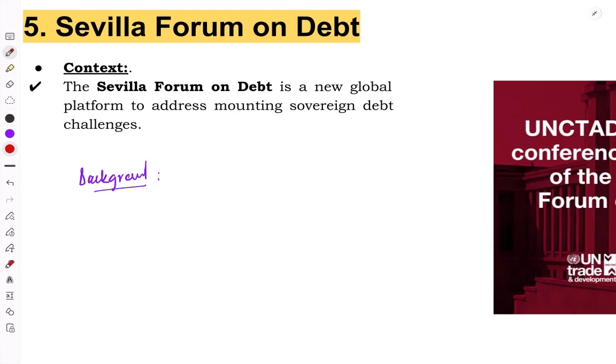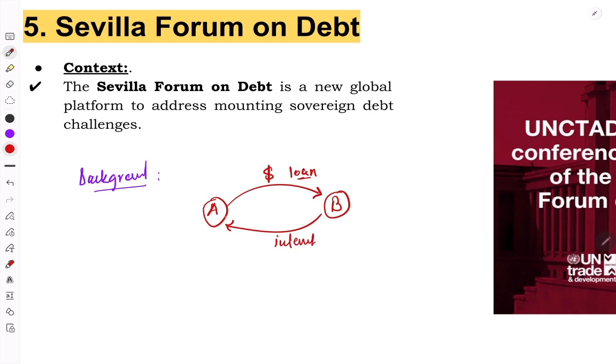So there is country A and country B. Country A has given country B a loan, some support. So it's a loan, right? It's not free of cost. Now country B will be expected to return it to country A along with some interest.